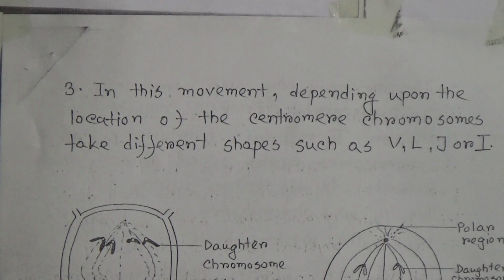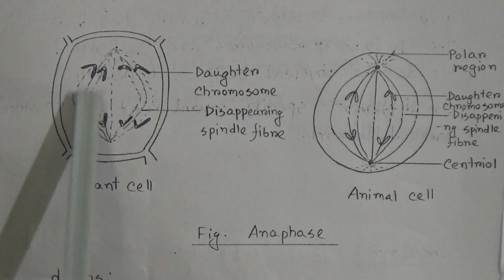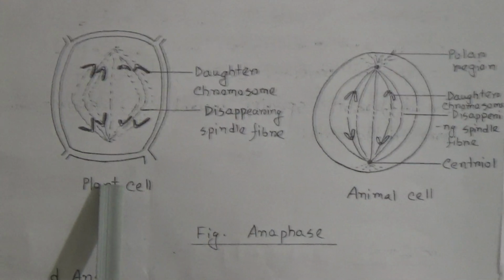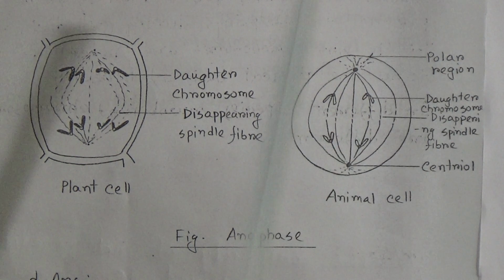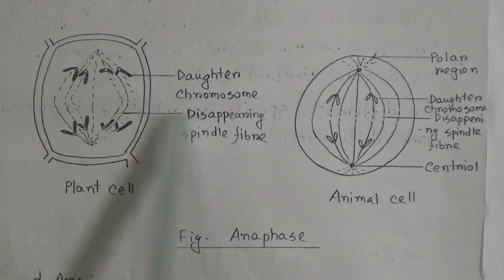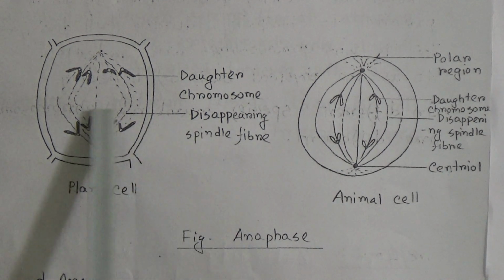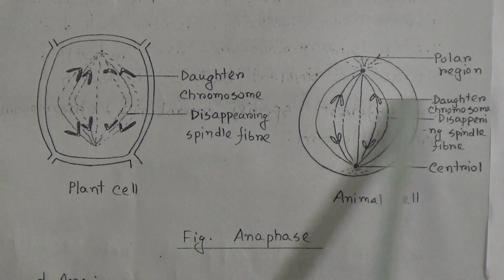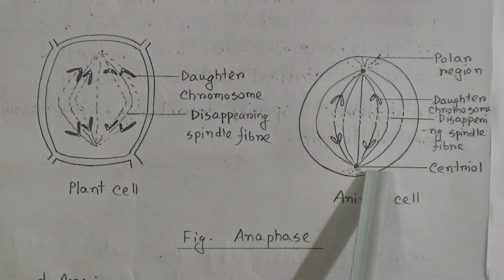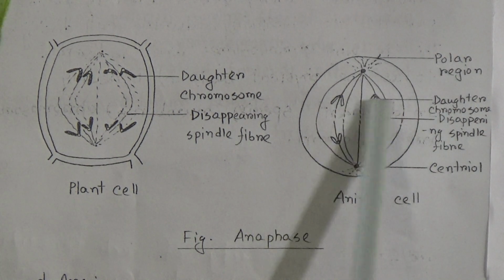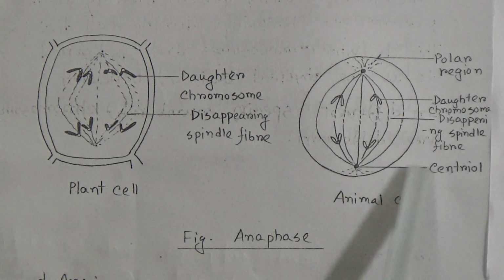My dear students, in this anaphase stage, we can see the figure of this cell division. This is a plant cell, and this is in an animal cell. In the plant cell we can see these are the daughter chromosomes and these are the disappearing spindle fibers, and this is the polar region. In the animal cell, this is the centriole, and these are the daughter chromosomes and the disappearing spindle fibers.